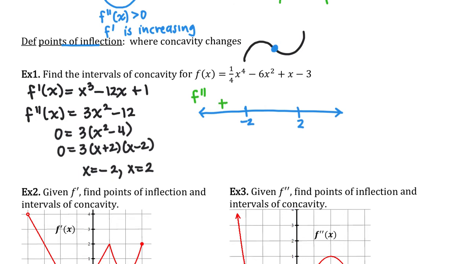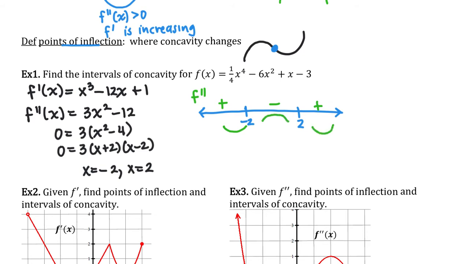If I pick a number between -2 and 2, let's go with 0, 0 minus 12 is negative. And if I pick a number higher than 2, like 3, 3 times 9, 27 minus 12, I'm going to get positive again. So since this is positive, this is concave up. This is negative, concave down, concave up.